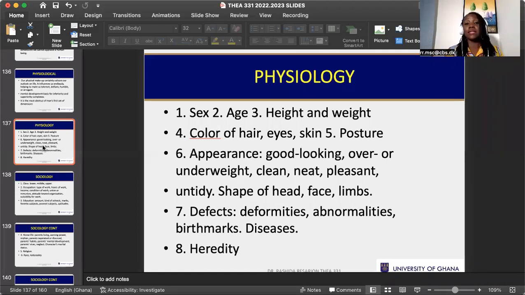All of these things are things we see right away when you meet somebody. And we experience that.